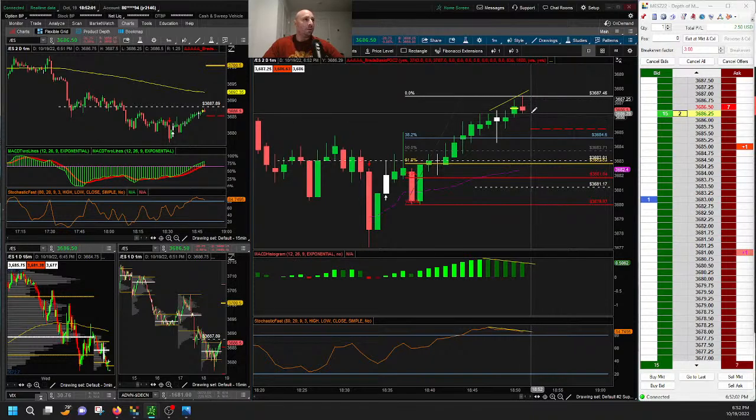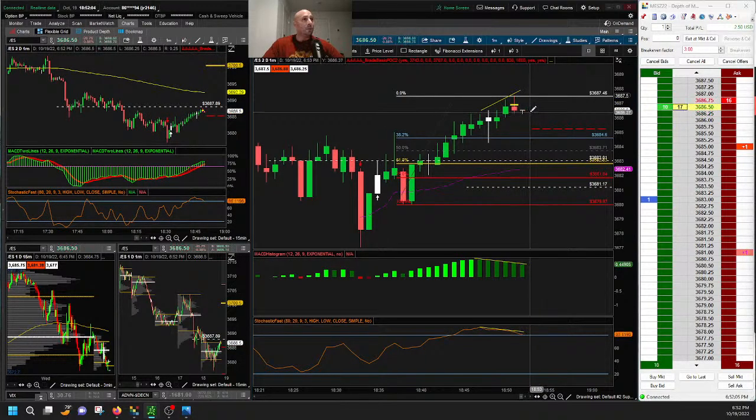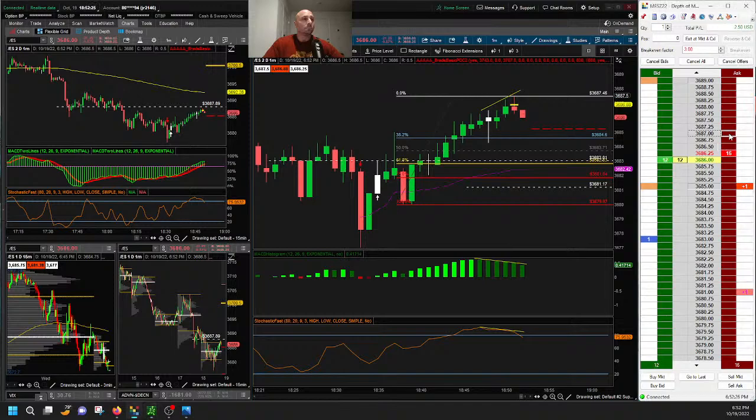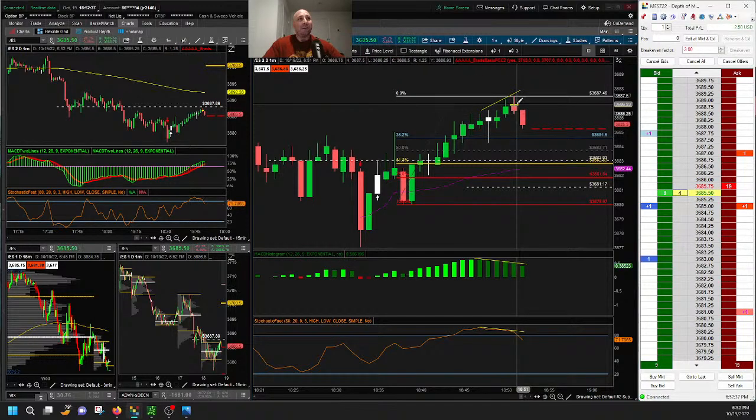Now, if we break below this candle's close, probably 86, I know it's a little late, but I'm going to look for a pullback to 87 for a short. So I have a short at 87 and my stop is going to go at 87.75. I want price to pull back halfway, pick me up, and then come back down. My stop is above that high.